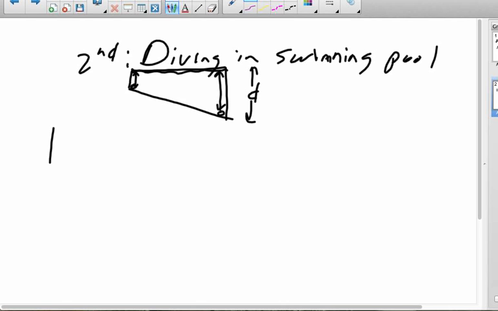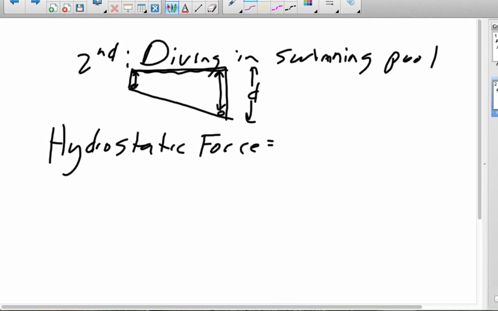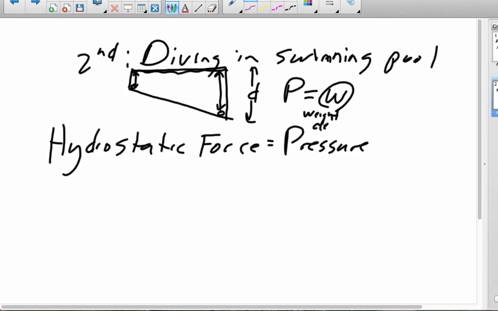Okay, so our hydrostatic force then is going to equal our pressure, and our pressure is going to equal W, which is our weight density, times depth, and we're going to use H for depth here because we're going to be taking derivatives and use D for derivatives.